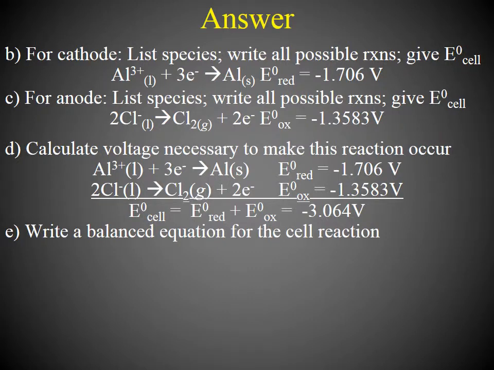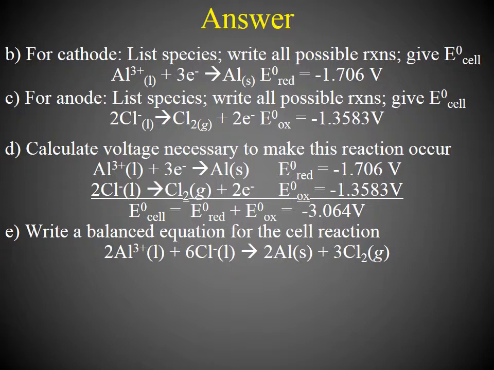Then next, I write a balanced equation, and I would have to take into account the electrons, which means I would have to multiply the aluminum ion reduction by 2 and the chloride ion oxidation by 3, and come up with this overall balanced reaction.